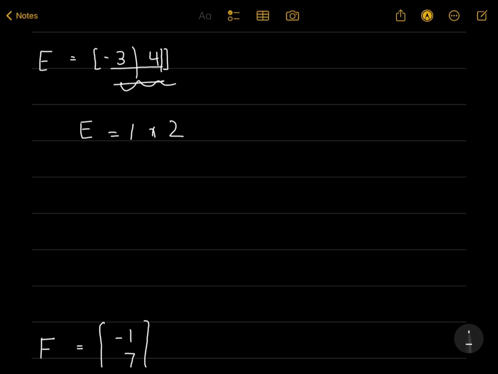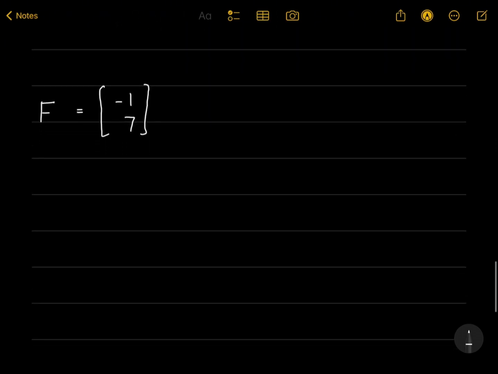So 2 columns. 1 row and 2 columns. 1 is not equal to 2. So we know that this is a rectangular matrix.